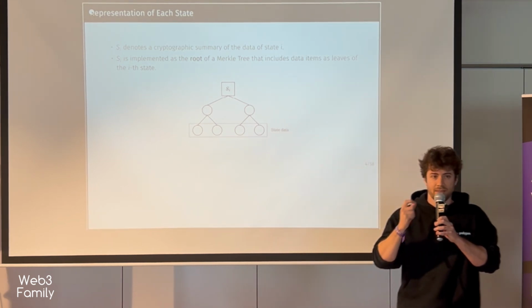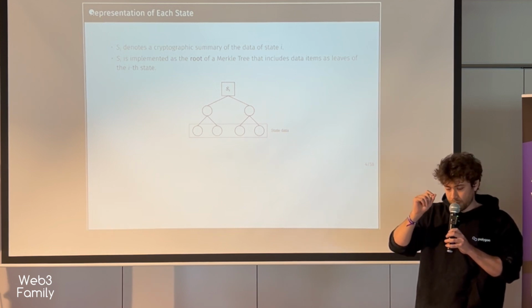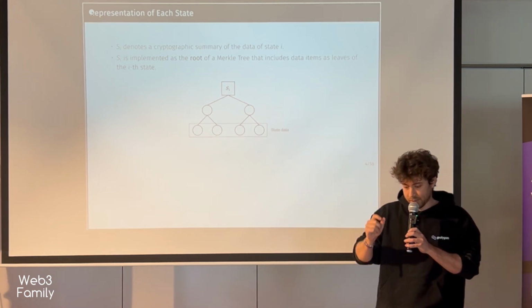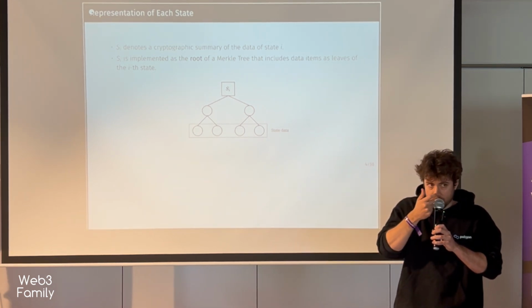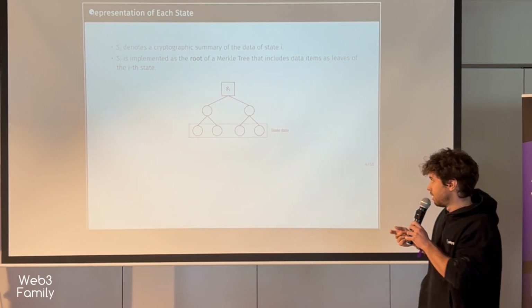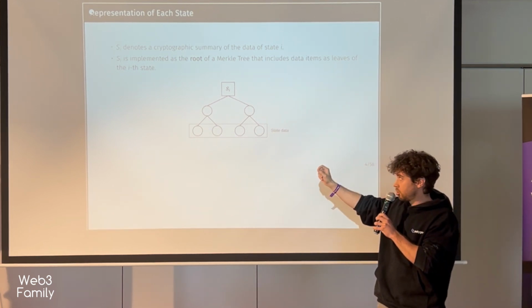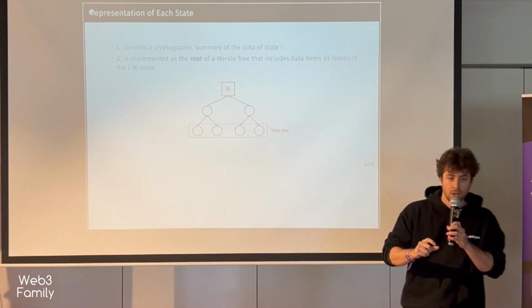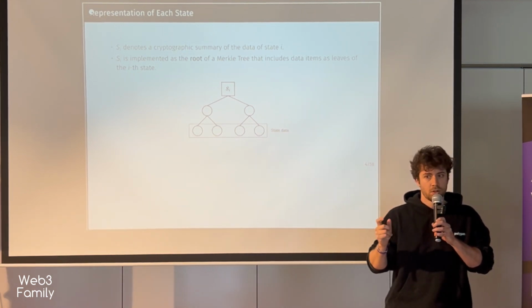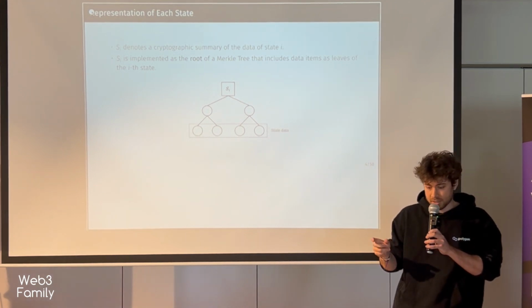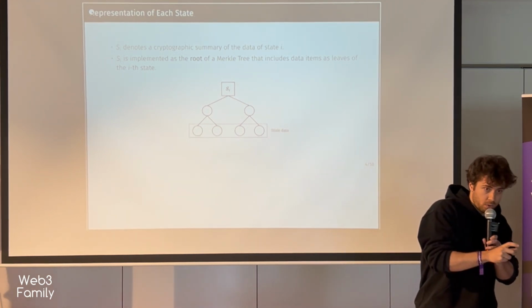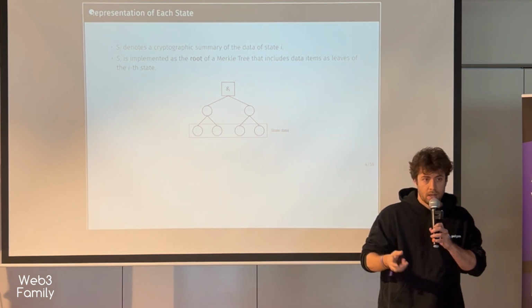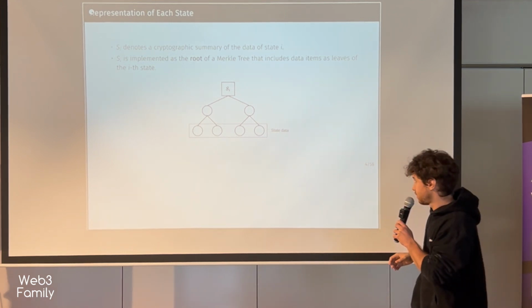It's nothing else than a 32-byte number that completely defines the state of the blockchain at a moment. If I change just one bit of any of the values of the Merkle tree, the root will completely change. So what we are doing when we do a state transition is moving from one root to a new root, applying a set of transactions.